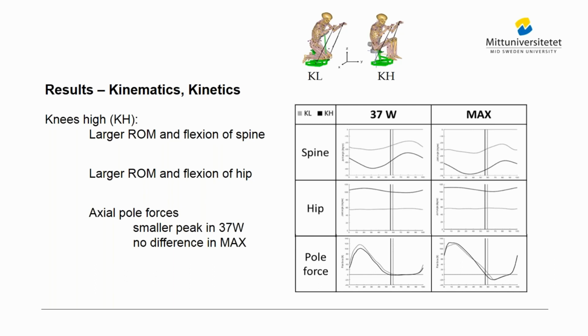There was a large range of motion and flexion of both spine and hip for KH, knees high sitting position. We also saw that the axial pole force had a smaller peak during the 37 watts exercise, but there was no difference during maximal.